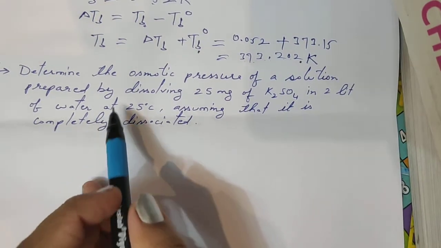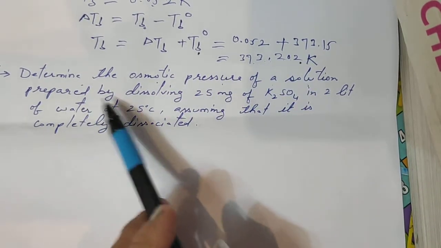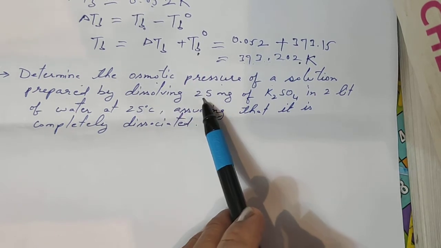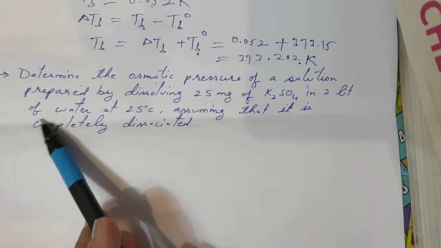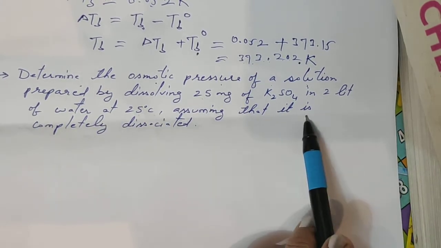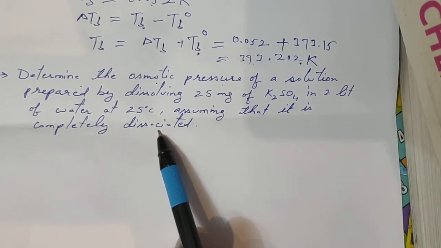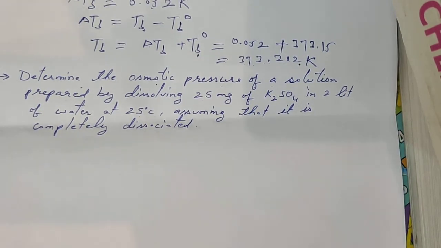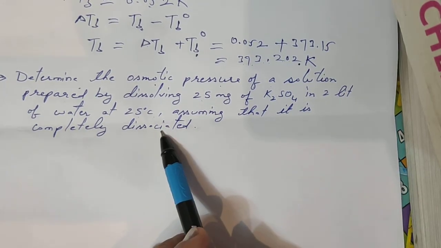The next example is: determine the osmotic pressure of a solution prepared by dissolving 25 milligram of potassium sulfate in 2 liters of water at 25 degrees Celsius, assuming that it is completely dissociated. In most of the numericals, if there is association or dissociation, it will be mentioned in the statement.